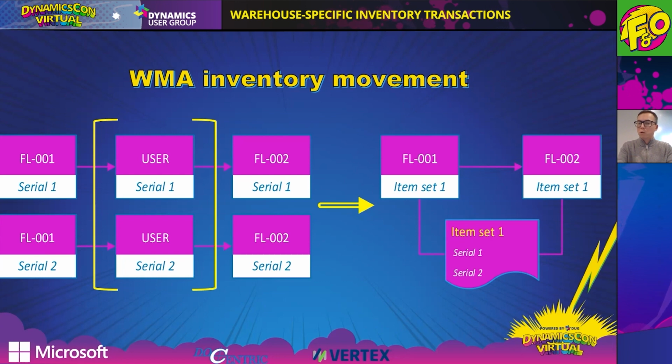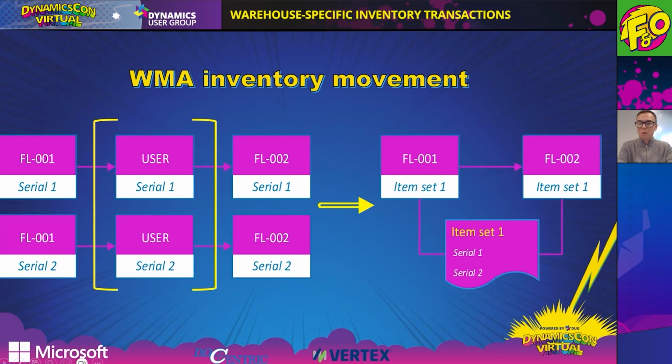It would use the user location as well, right? But the interesting point about this process is that it happens in one single DB transaction, so all those changes are invisible for the user. At the end of the day, all the user sees is that inventory is moved from FL001 to FL002.